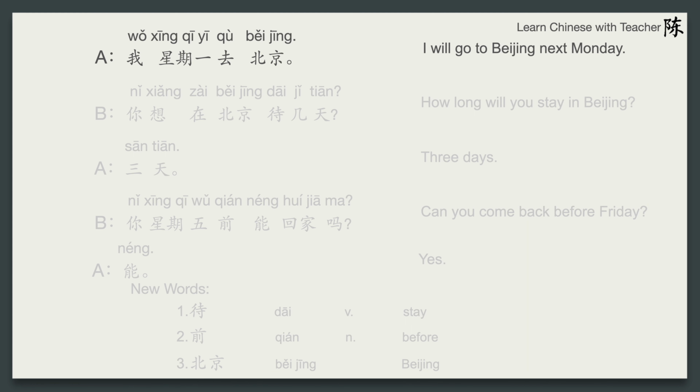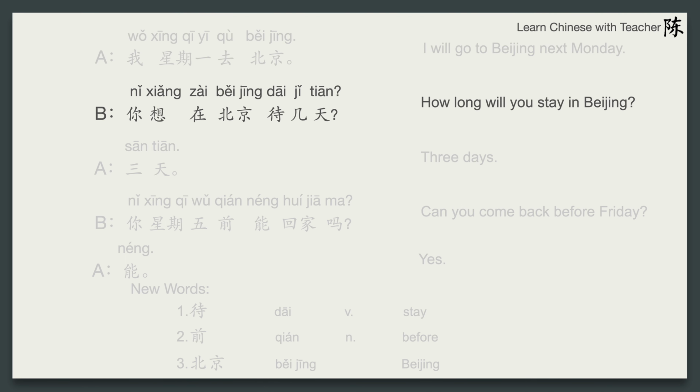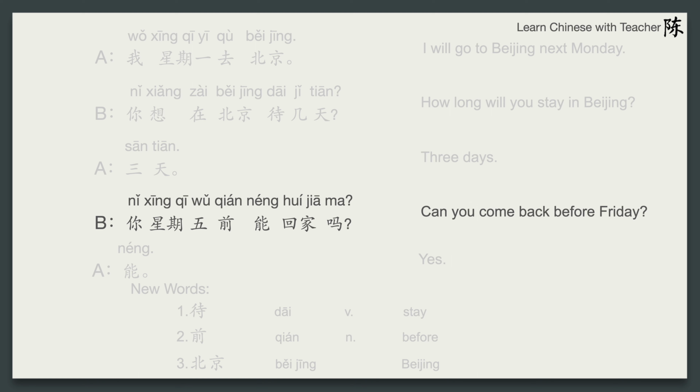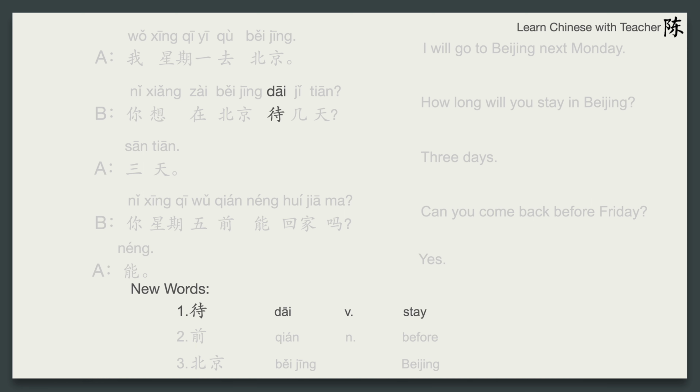第3个对话，我星期一去北京。你想在北京待几天？3天。你星期五前能回家吗？能。待 is a verb, means to stay. 前 has several meanings.